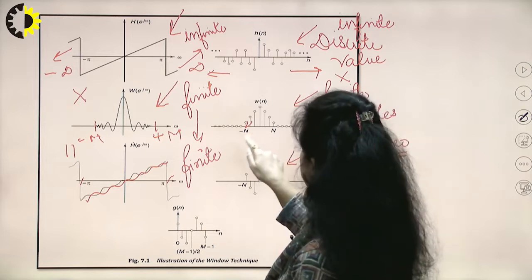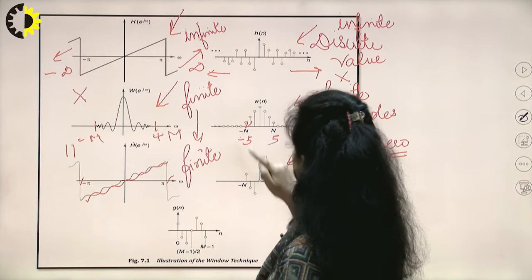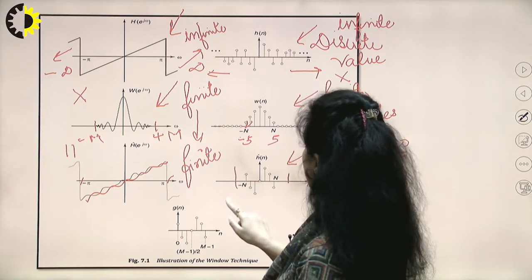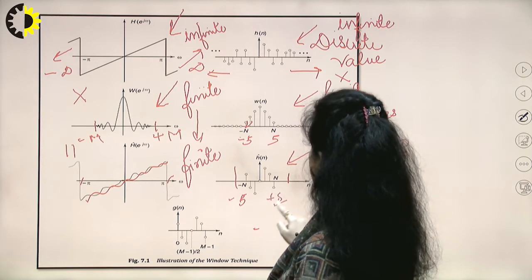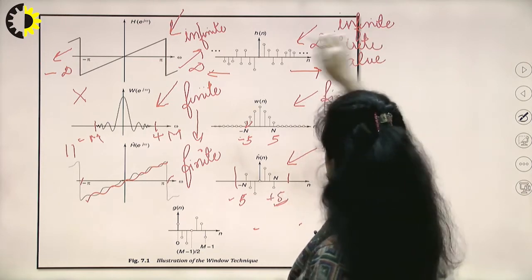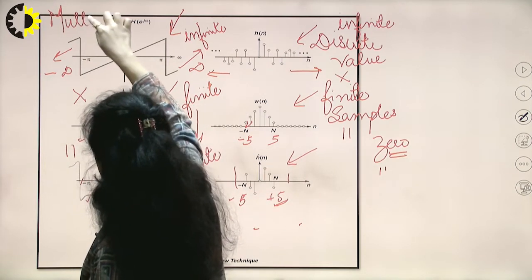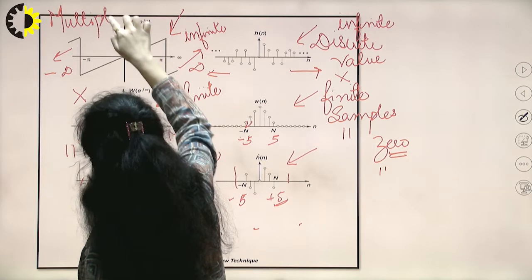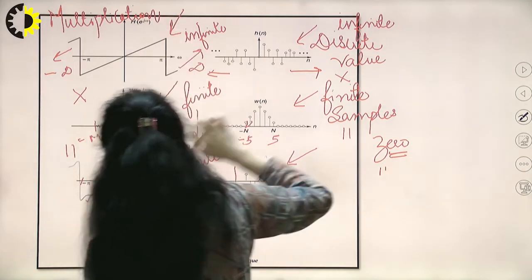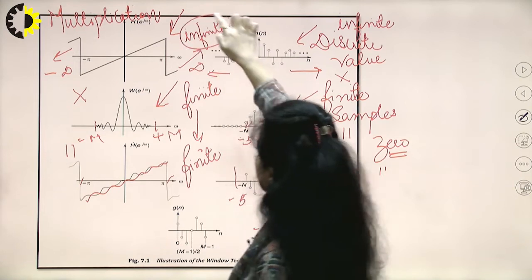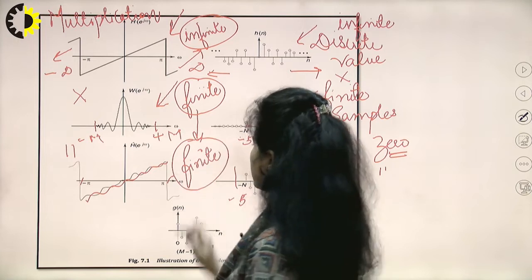So if I have samples, say minus n to n, say I take an integer value minus 5 to 5, so output samples would also range from minus 5 to plus 5. I need to remember that this windowing that I am performing is mathematically the multiplication of two signals, one signal being infinite, another signal being finite, and the resultant signal is again finite.